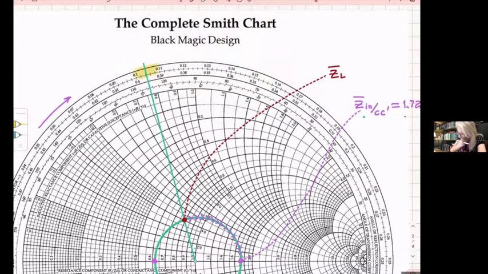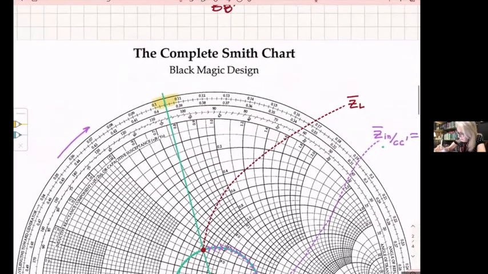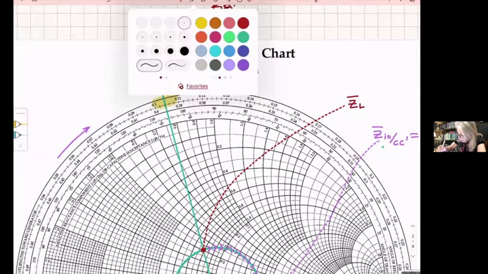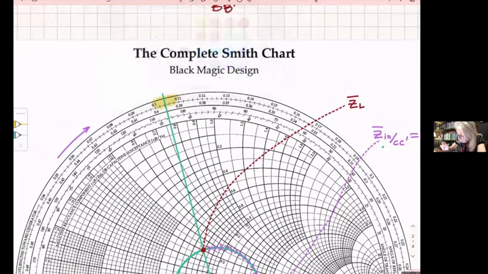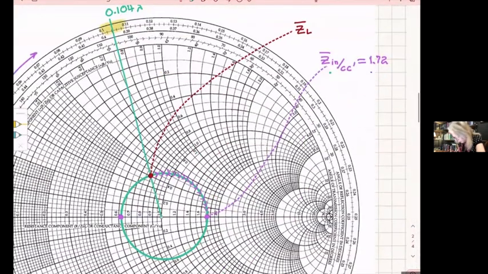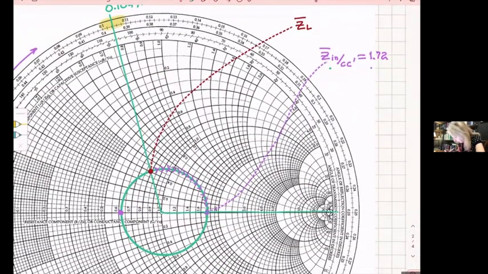It says 0.104 lambda from there. And then I'm extending this line there, and I'm reading this point here, which is 0.25.